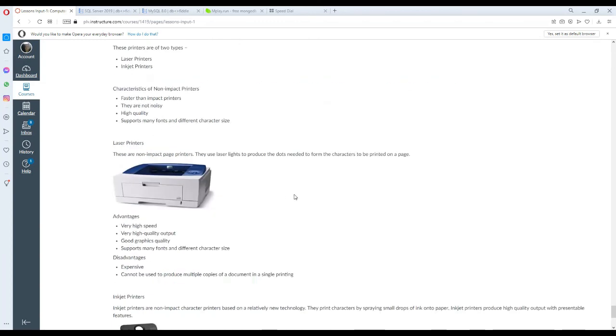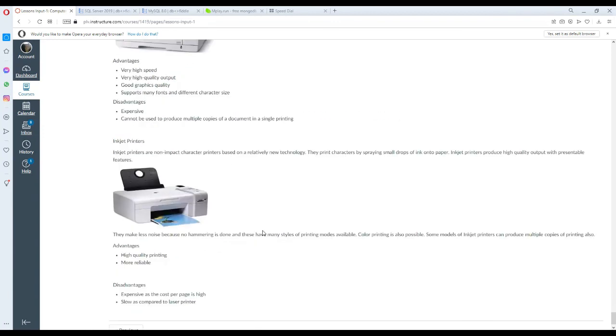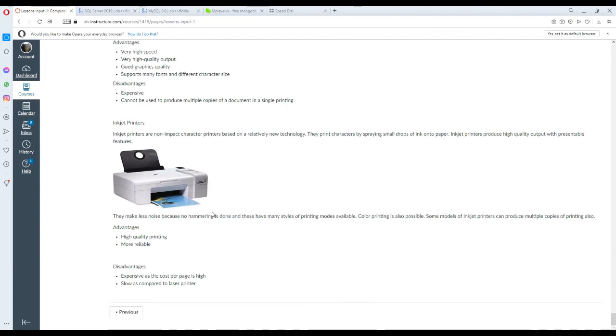Take note, laser printers are not only high speed or high quality, but aside from black, there are also colored laser printers. However, they are more expensive as compared to inkjet printers, which is, if I'm not mistaken, your most commonly seen type of printers.